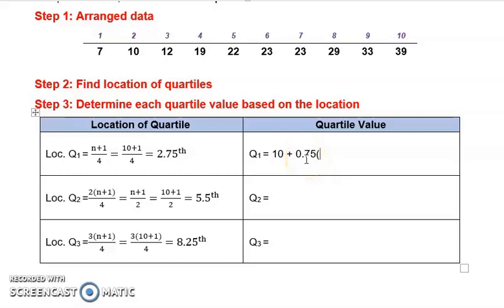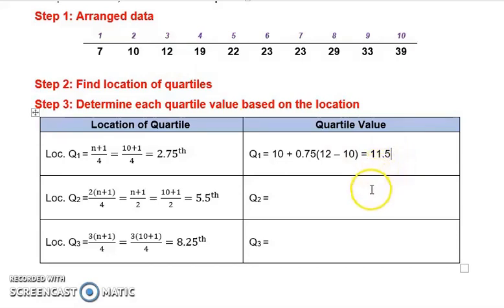Then multiply by the difference between these two locations, the larger minus the smaller value, so 12 minus 10. So for the value of Q1, you will get 11.5. The location is 2.75, which means it is closer to that location. So our Q1 value is 11.5.